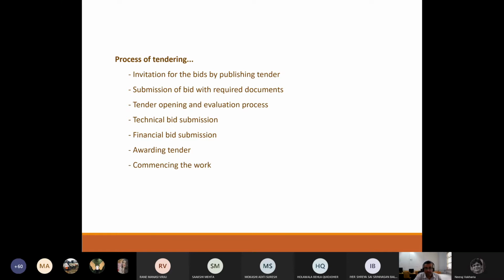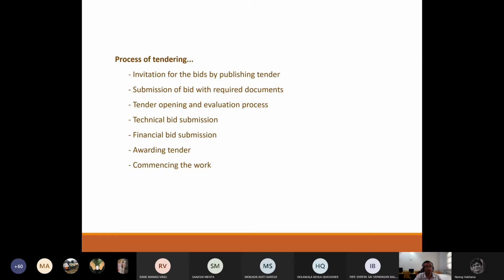And then there is a tender opening and evaluation process. Your client may be involved, your engineers may be involved, you may be involved. All the tenders that you received are first opened under two different criteria. As I told you earlier, the first criteria is the capability of the person to do the work.